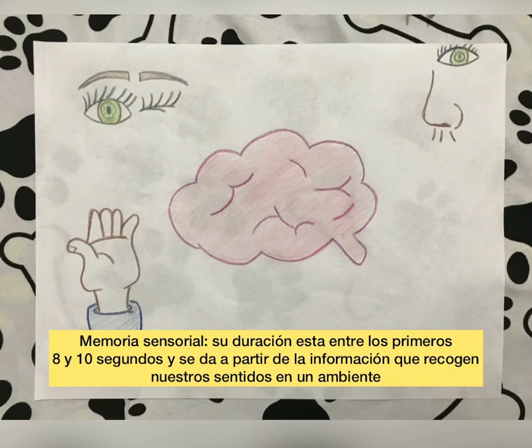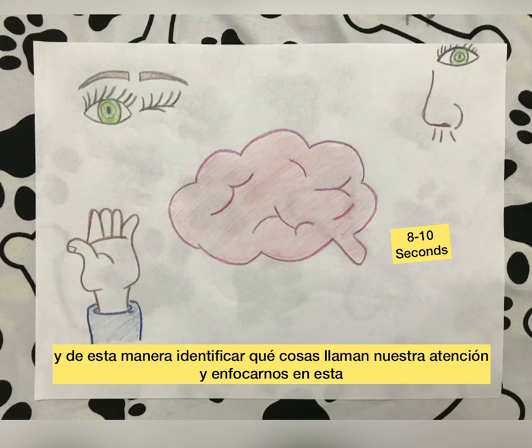Sensory memory. Its duration is between the first 8 and 10 seconds and it is given from the information that our senses collect in an environment, and in this way we identify what things attract our attention and focus on it.